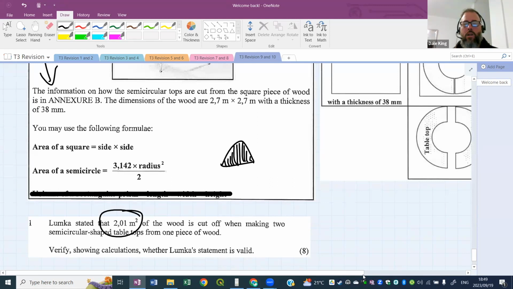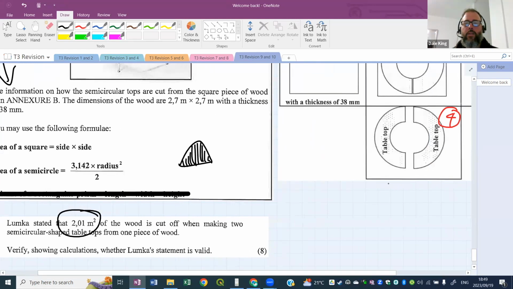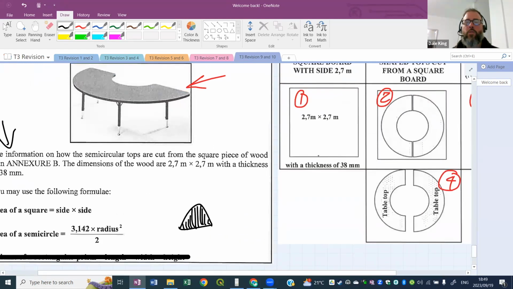So when you see this diagram, look at step number 2. It's all this stuff on the outside. That wood there, that's what they're talking about.